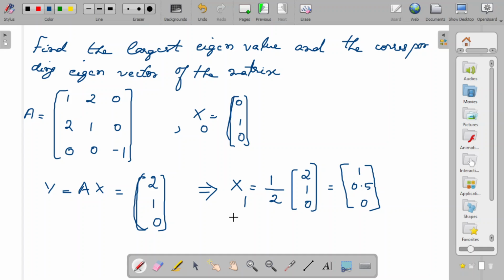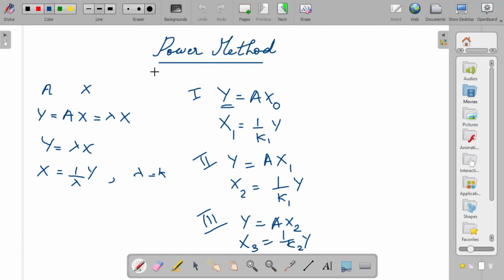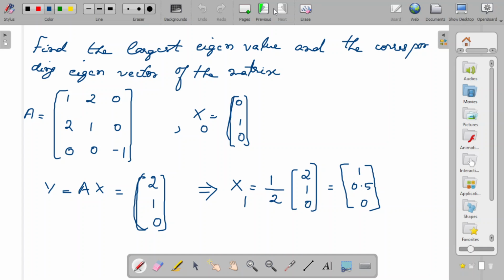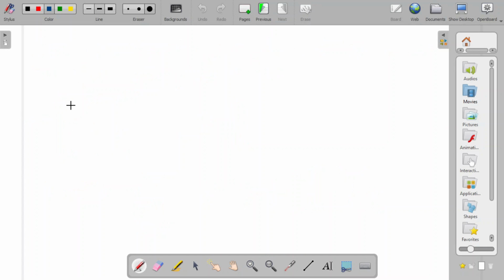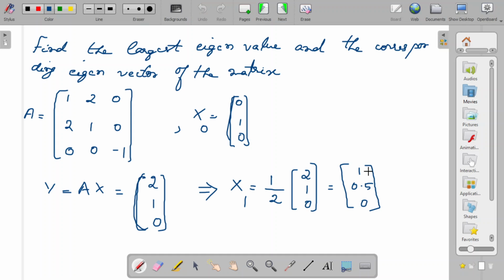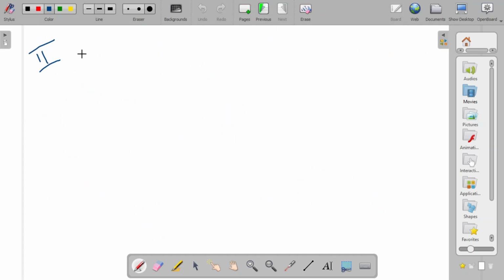Next my step is to find x2. So next is the step of iteration. In the next step of iteration, I again find the new x. The new x is 1, 0.5, 0, what you found in the last step. Then with that x1 you find the new y.